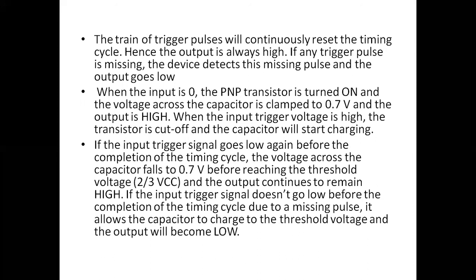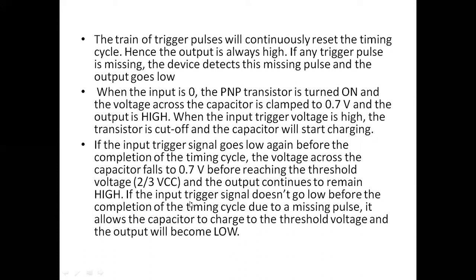Normally, the capacitor voltage reaches the threshold voltage, that is 2/3 VCC. But whenever you apply another negative pulse, the capacitor voltage clamps to 0.7 volts, and the output continues to remain high.